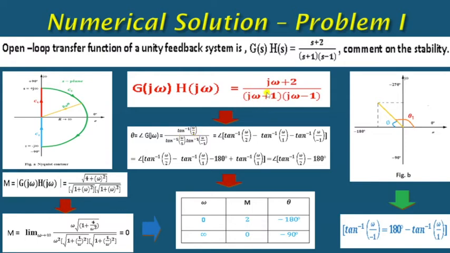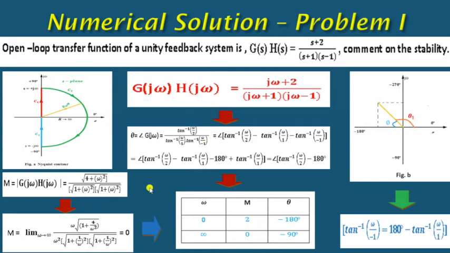And similarly for this side, tan inverse of imaginary part, that means y by x. So the imaginary part is omega, the real part is 1. Another angle is tan inverse, where the imaginary part is omega and the real part is minus 1.